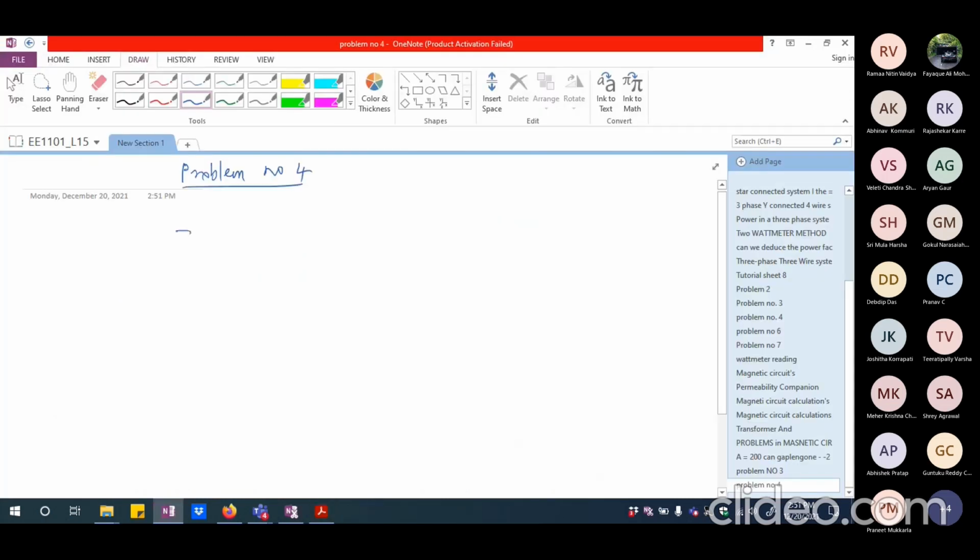Originally the ring does not have any gap at all. I am just looking at this ring somewhat like this. Now a small 3 mm gap is being created. So this is the air gap, this is the 3 mm gap.